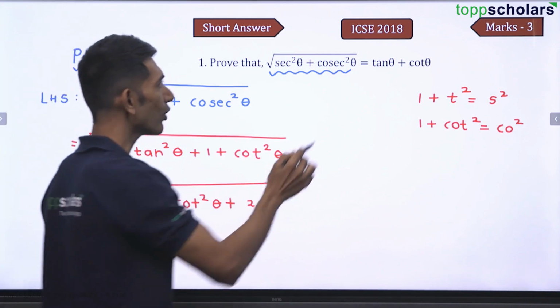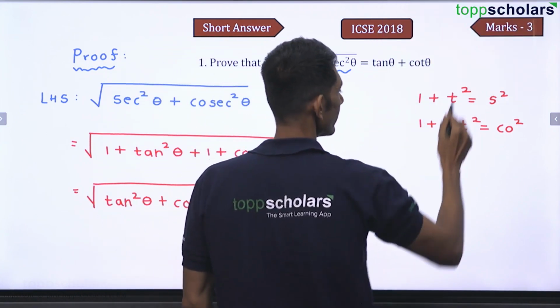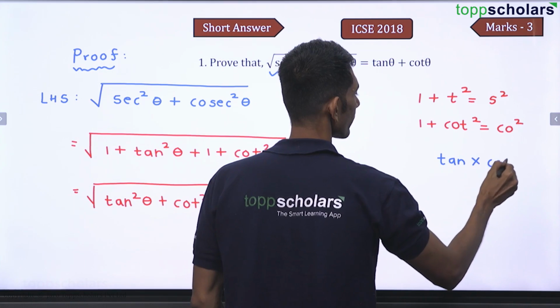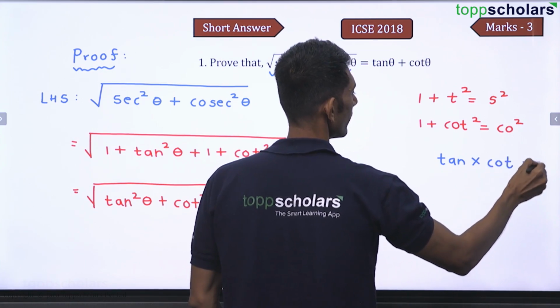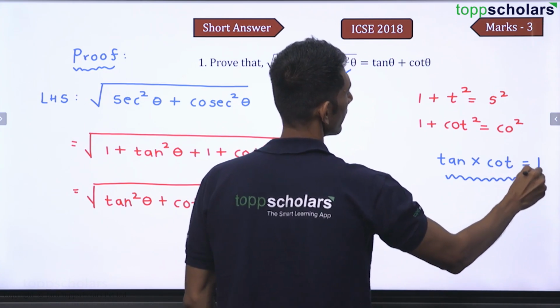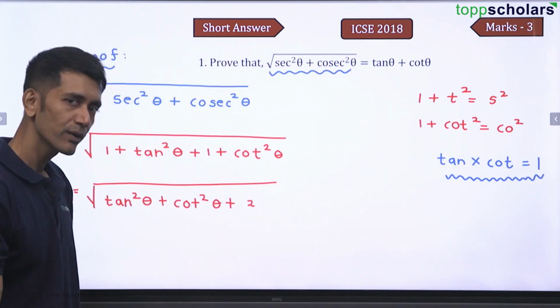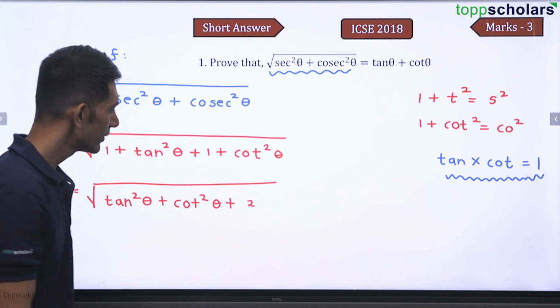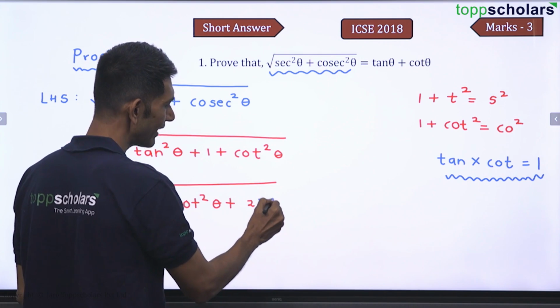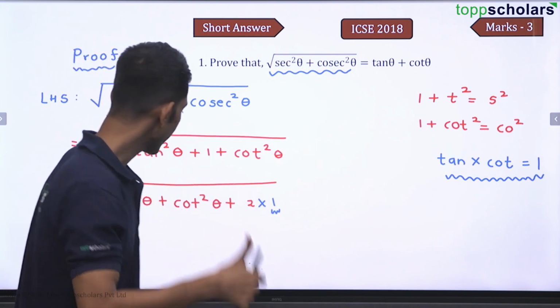Now we know that tan and cot are reciprocal of each other, isn't it? We know that tan multiplied by cot is 1. So this is 2 into 1, right? So can I write down 1 as tan into cot? Yes, I can do that.